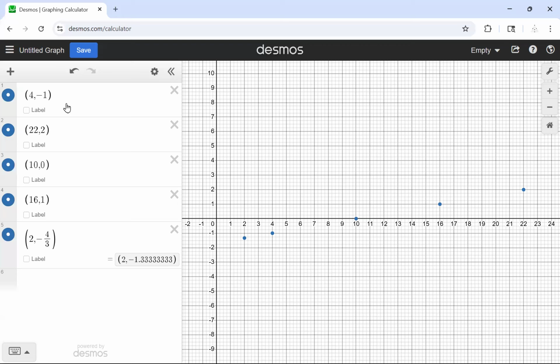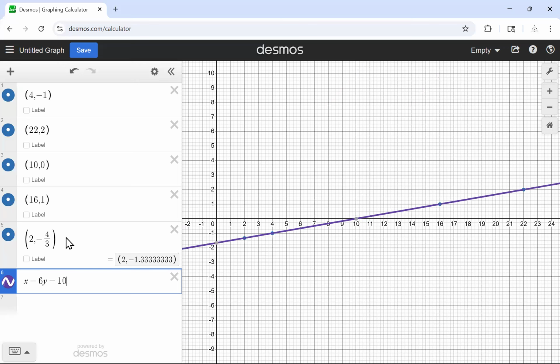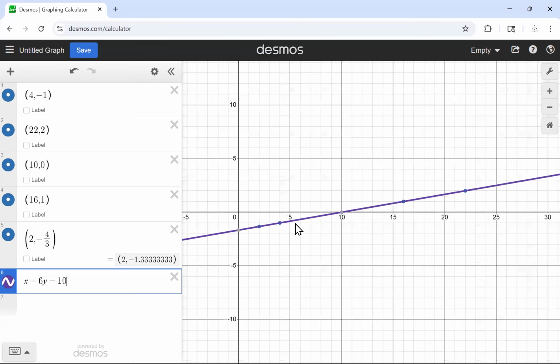So not only are these ordered pairs going to work, but every ordered pair on this line is going to work, this straight line here. In Desmos, you can actually not even do the plotting of points. You can actually just type in the equation and it will give you the graph of that equation.